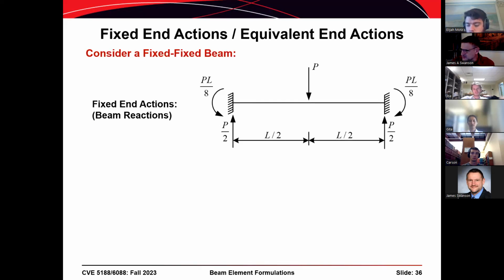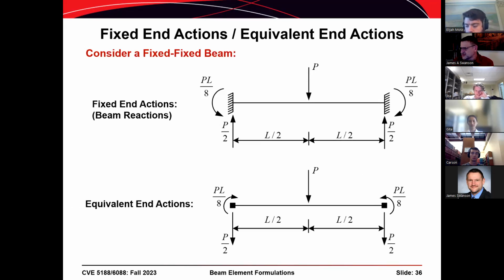Now, what we're going to do is take these fixed end actions, the beam reactions for a fixed beam, and define something that is called equivalent end actions. So if we put a point load on an element or on a beam at midspan or in between the two nodes, then we could represent that point load with a series of equivalent actions acting at the nodes that are adjacent to the loaded member, the loaded element.